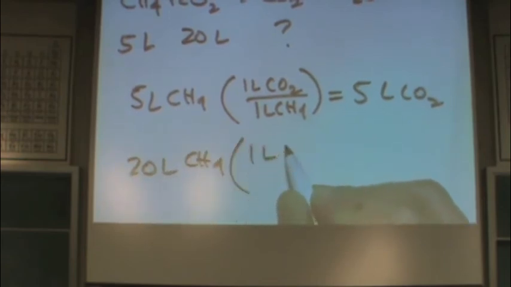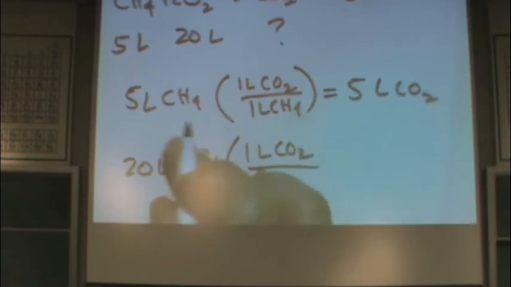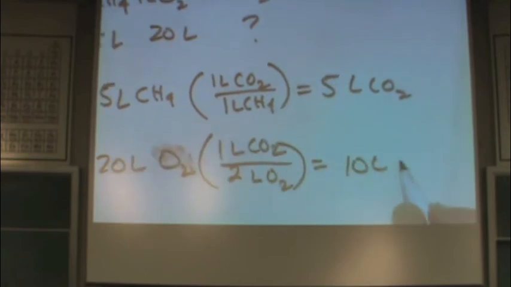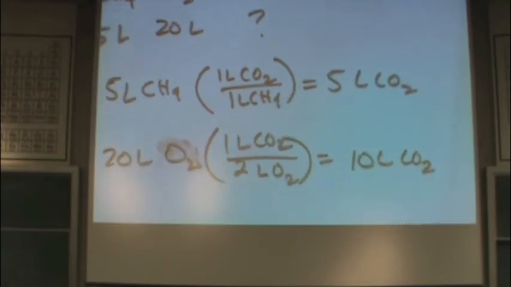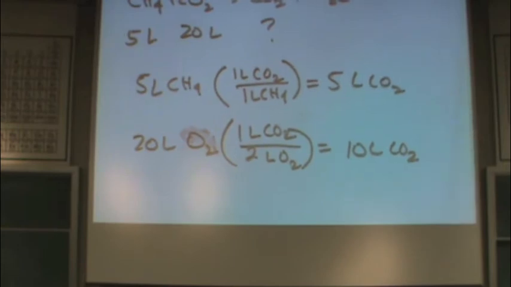There's 1 liter of CO2 for every 2 liters of O2. So now I'll get 10 liters CO2. Okay? How much was actually formed, 5 or 10? 5, a smaller number. So it looks like it's C. Is that okay? Limiting reactants, also a smaller number. Okay, who's next? Yes?